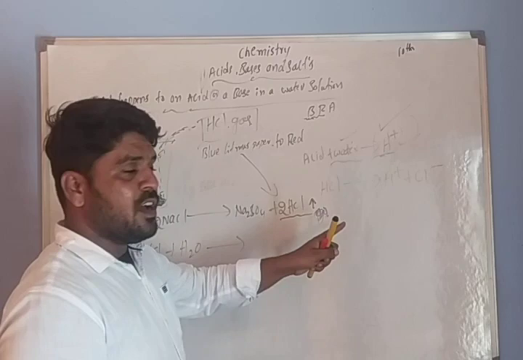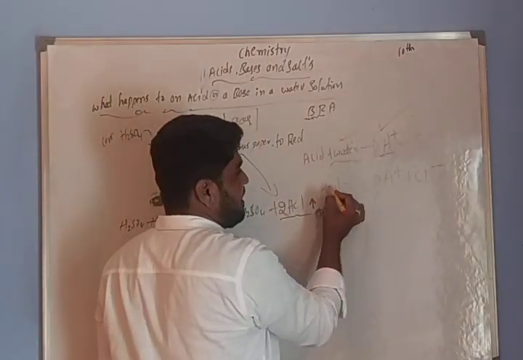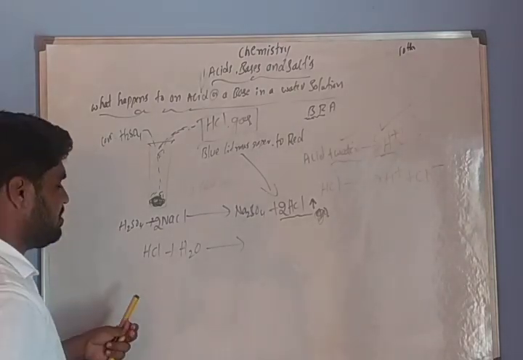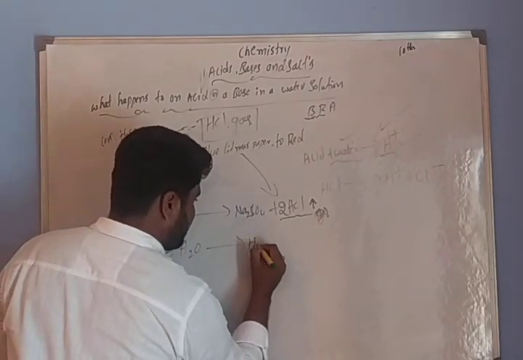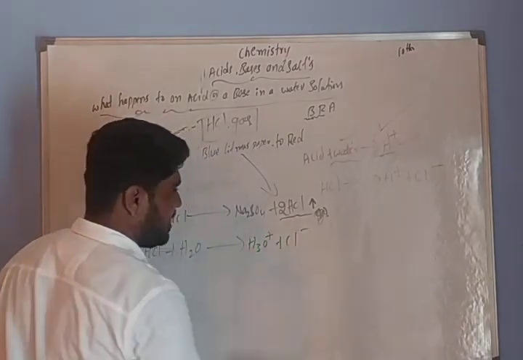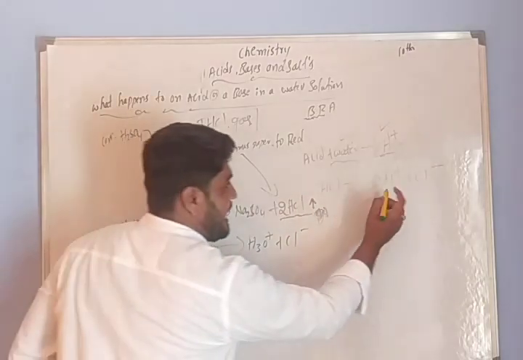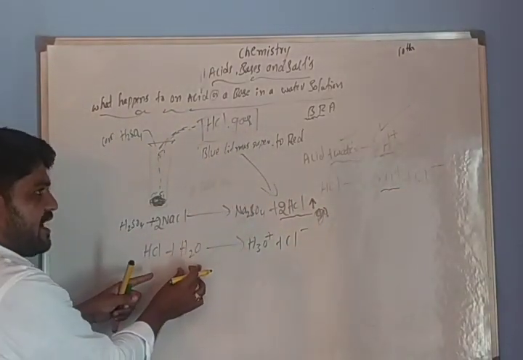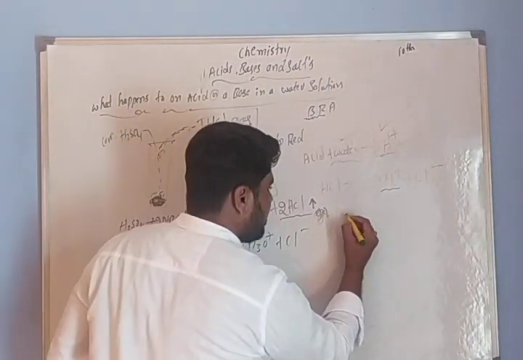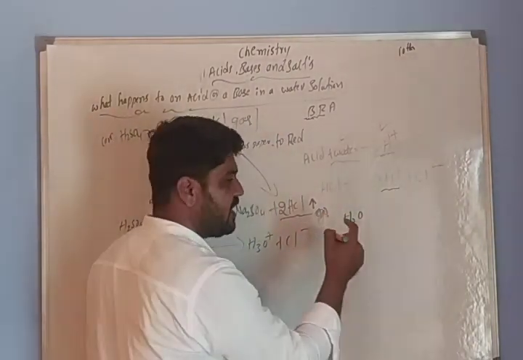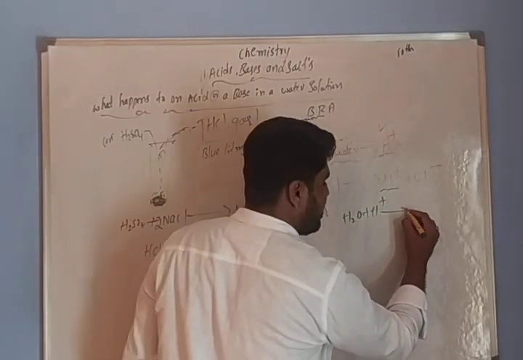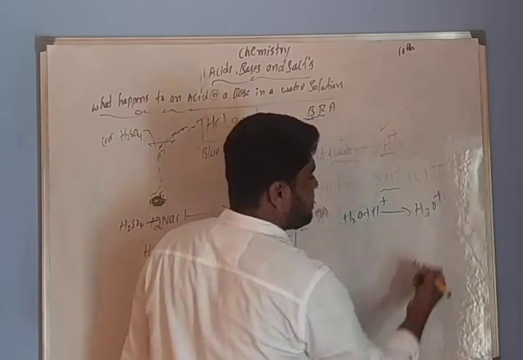Always HCl reacts with water. See in this reaction, HCl reacts with water. It produces H3O plus and Cl minus. Like this. So this H plus ion reacts with water. Here H2O is there. For this H2O, the H plus ions are combining together. It gives H3O plus.